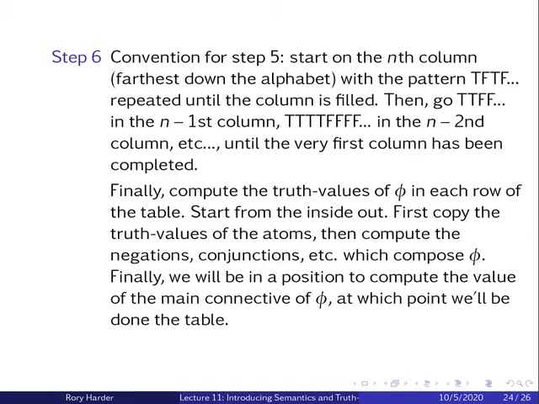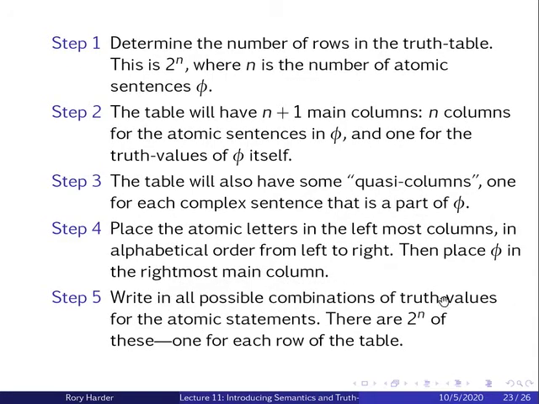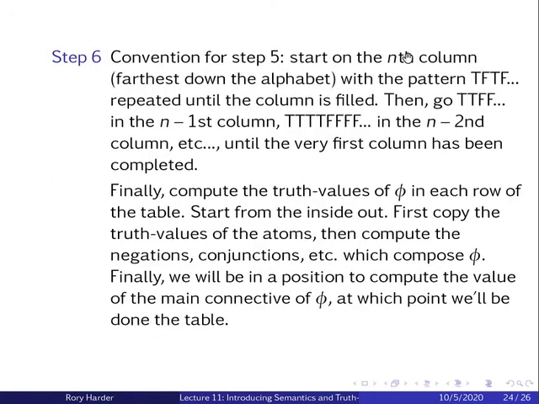Now, the way in which you go about listing out all the possible combinations of truth values is you can follow the following convention. So you start on the nth column. So you start on the last of the atomic sentences which you've listed, and you write down, going down this column, alternating between true and false until you fill it.